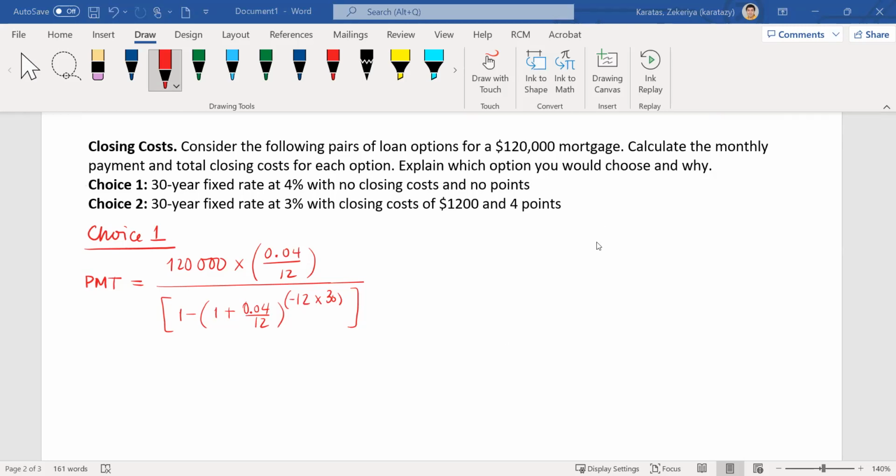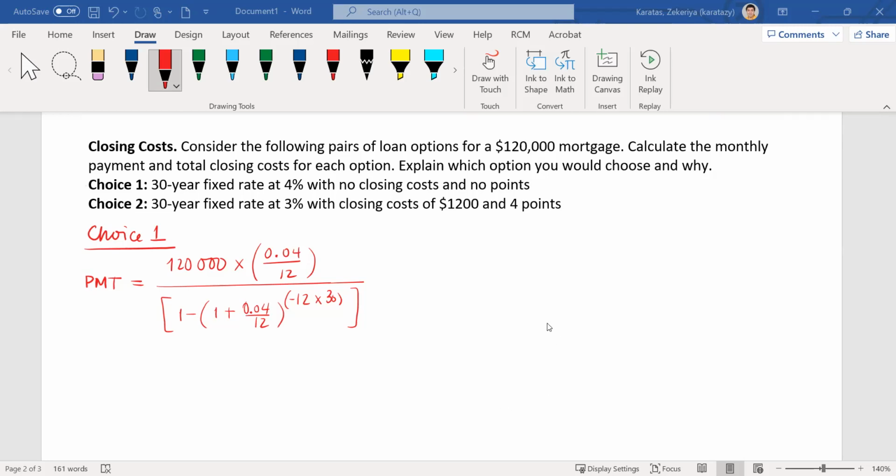So let's put this on the calculator. I'm going to show you how it works. This is important. 120,000, I'm just writing down whatever I have in here, times parentheses 0.04 divided by 12, close the parentheses, division, open parentheses, which is the bracket, 1 minus parentheses 1 plus 0.04 divided by 12, and then close the parentheses, raised to the power, open the parentheses, negative 12 times 30.